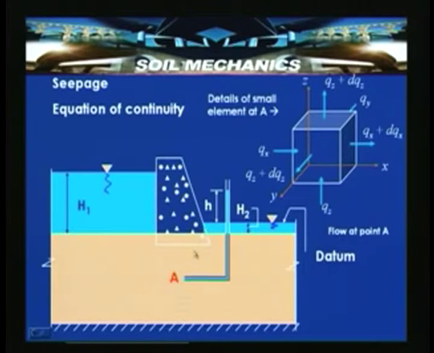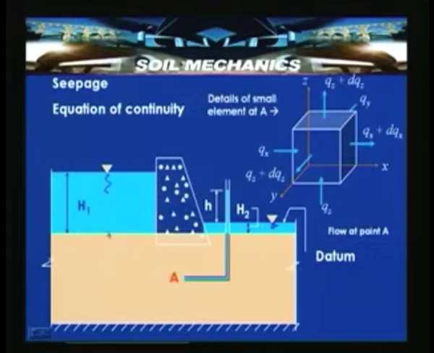At a particular point A just beneath the structure, H is the head available there. The flow is occurring from H1 to H2, so the head at all these points lies between H1 and H2.